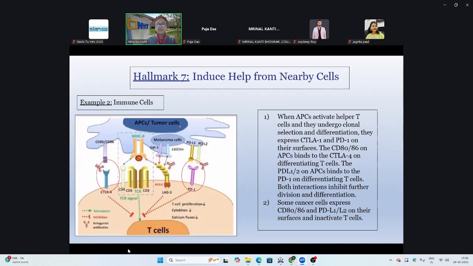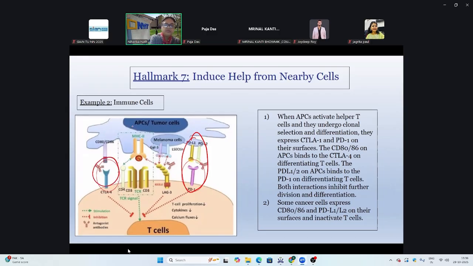In the next slide, we show you that this PDL will bind to PD-1 and stop it from doing any function. It'll neutralize it, and the same way with CTLA-4.